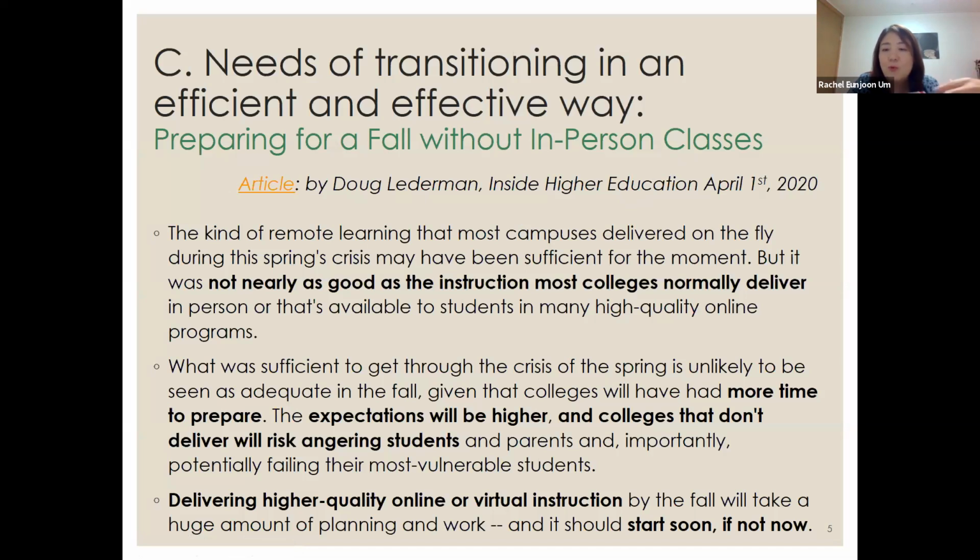So everyone was understanding that we didn't have much time to prepare online learning, including students. So they were really understanding that we couldn't really prepare quality online learning. But now we are preparing the fall semester. We already provided spring semester and summer semester online, and then we are preparing fall semester.